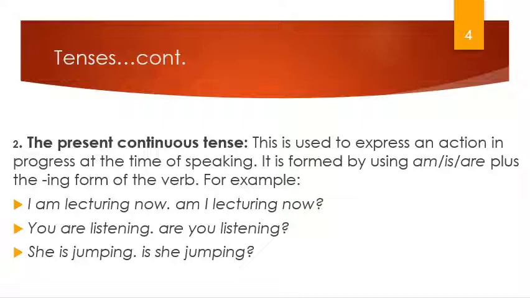Number 2, you are listening, so are is used, and then ing is also added to the verb listen. The important thing one should understand is that am goes with I, and is goes with the third person singular, and for the remaining persons are is used.